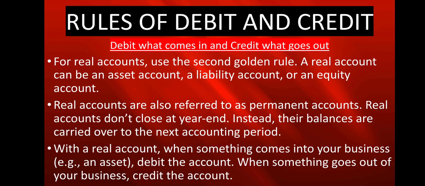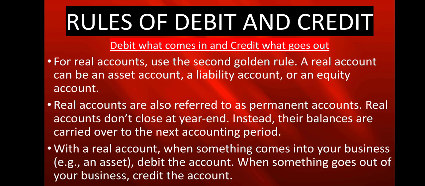They are also known as permanent accounts. When we talk about the rules of debit and credit in a real account, when something comes into the business, for example an asset, for example purchase of furniture, the furniture account should be debited. When something goes out of business, credit the account.